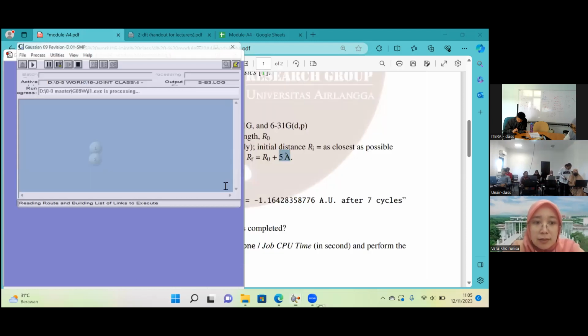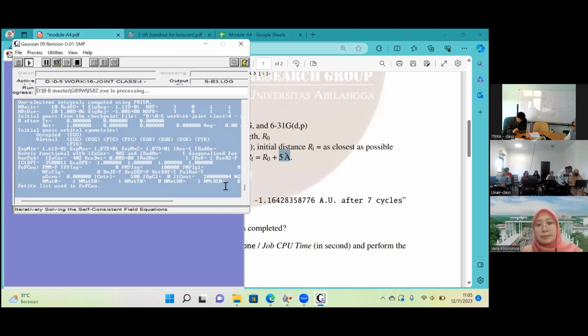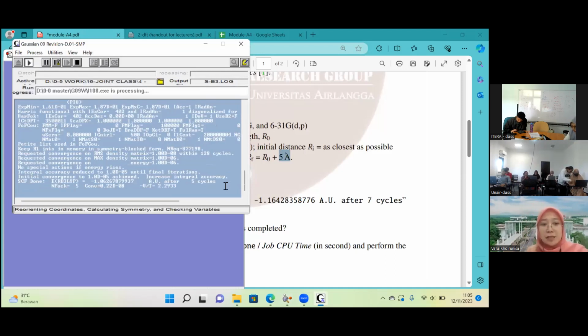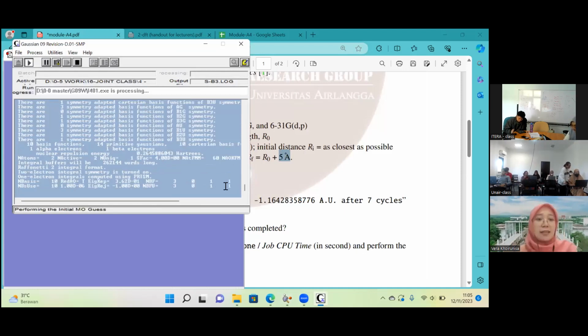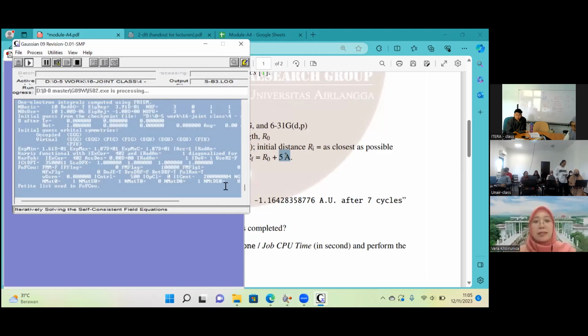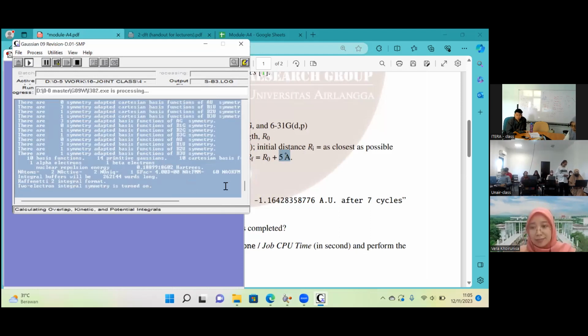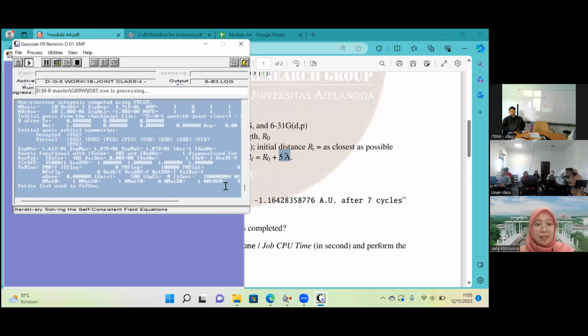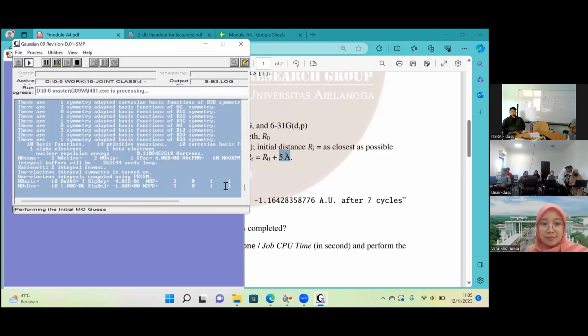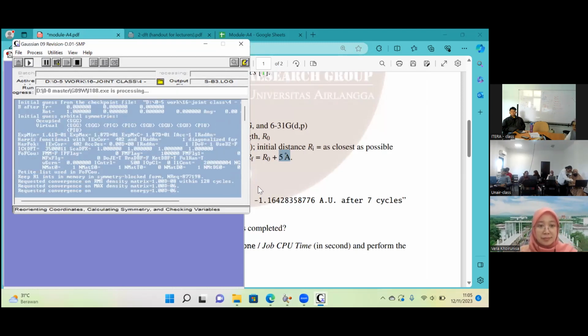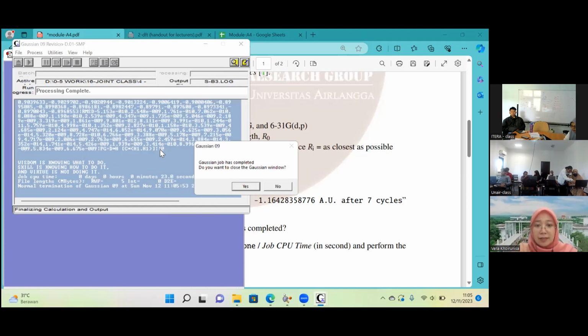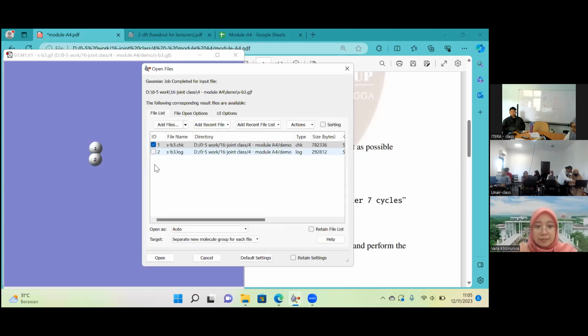Yes. Because I choose 50 points, it took longer. So the more steps you choose, the longer it will be. Okay. And choose the log file.